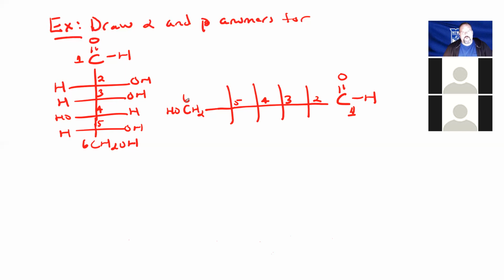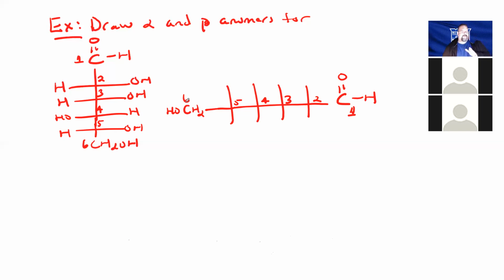The difference between them are the directions of the OH groups on the chiral carbons. Somewhere, there's got to be a difference. In the notes when we did glucose and galactose, there was only one difference.